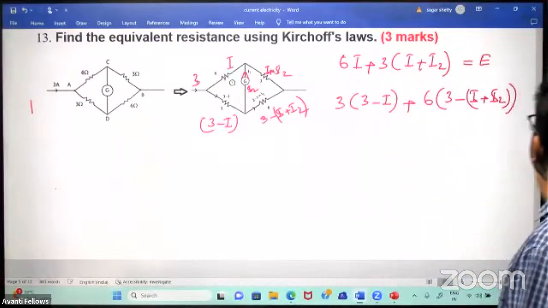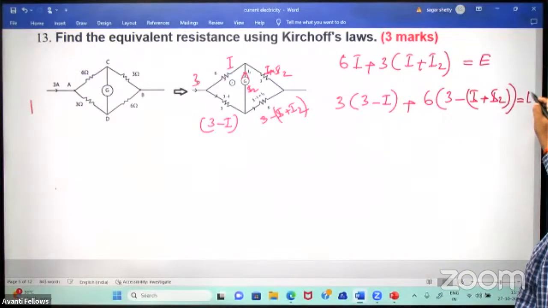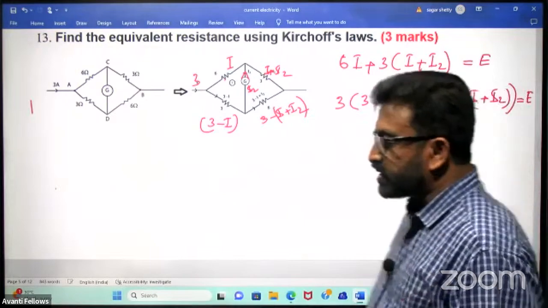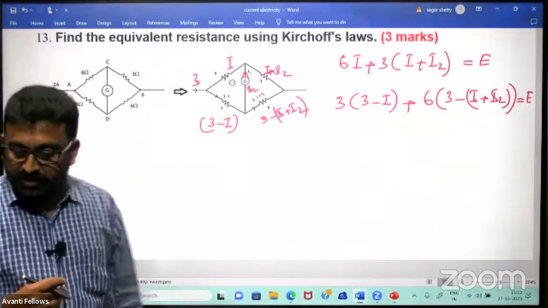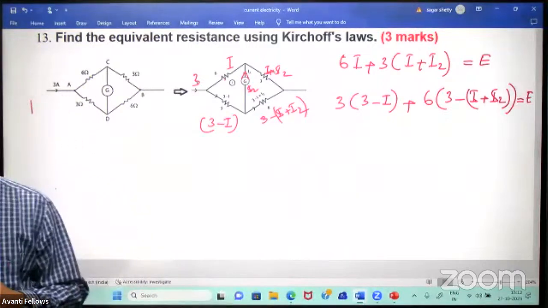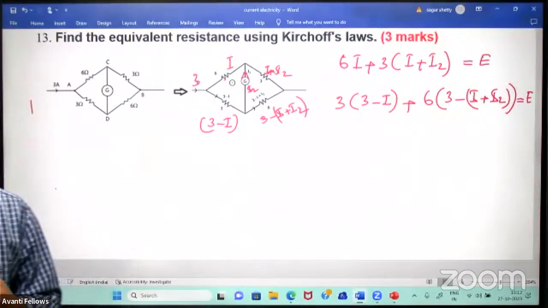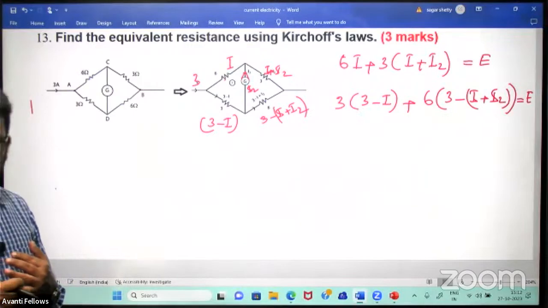So this again will be equal to E, because it is connected to a cell. So two statements we made. From these two statements, we can solve these two equations.